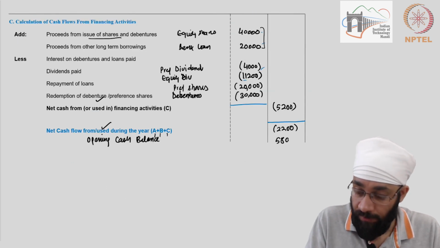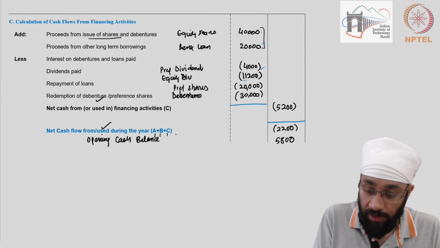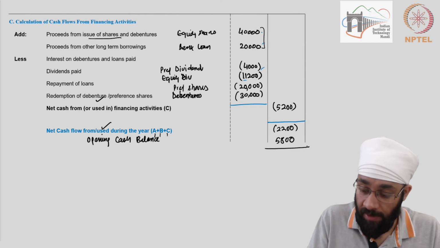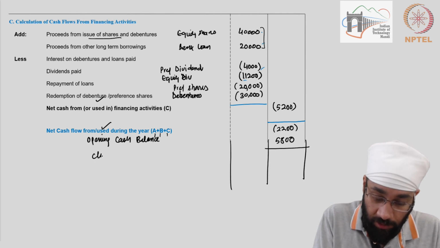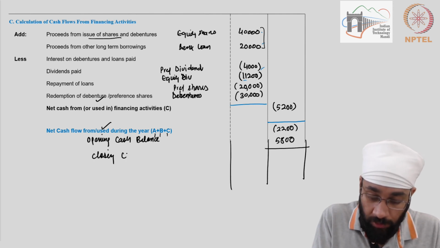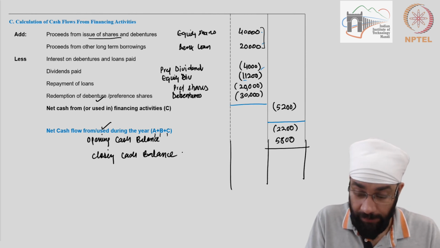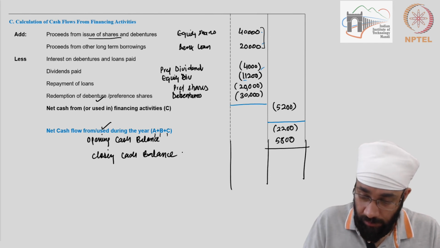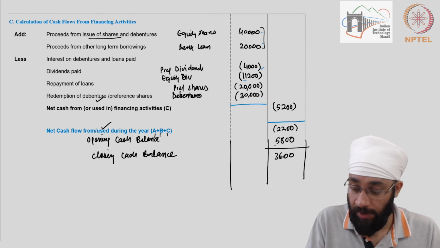So we started with 5,800 in the beginning, and the changes during the year are 2,200. So if you sum this up, you are left with the closing cash balance, which is equal to 3,600, which is the closing balance as well.